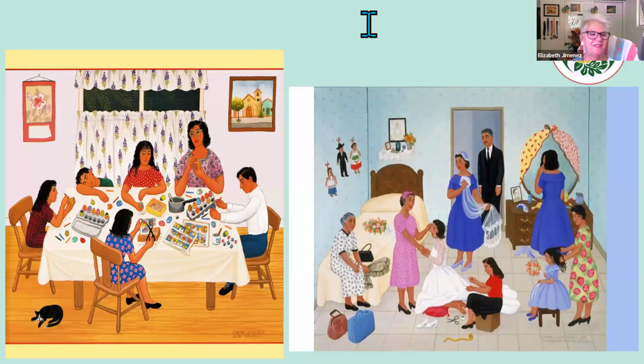Here are 2 more pages out of the book. The one on the left, I don't know if anybody knows what that is? I'm kind of throwing it out there. Does anybody know what that is? Okay, I'm looking at chat to see. Okay, yes, it's a painting.